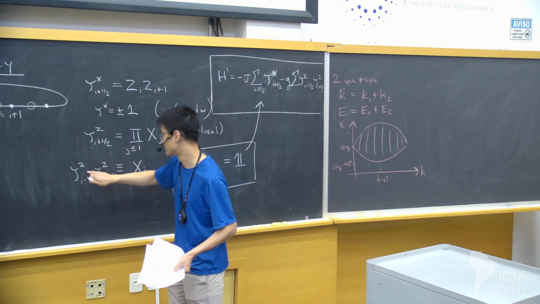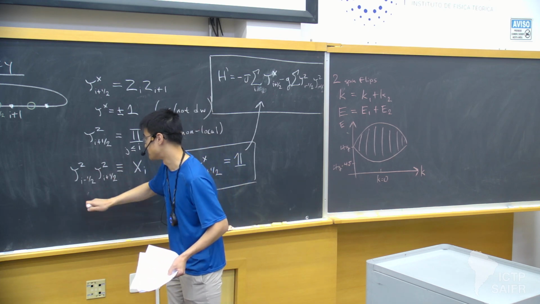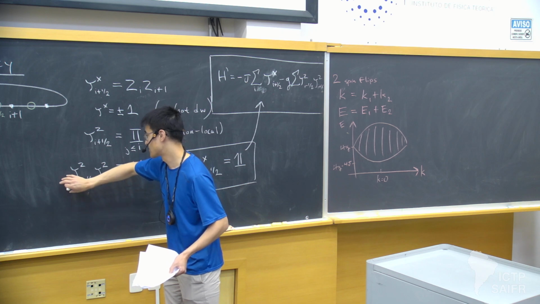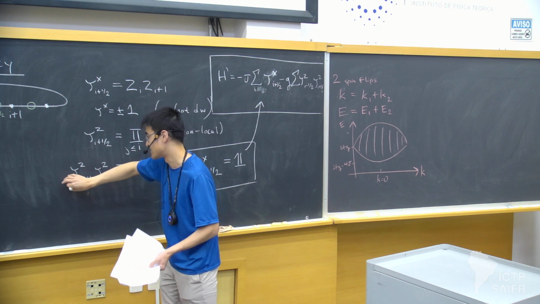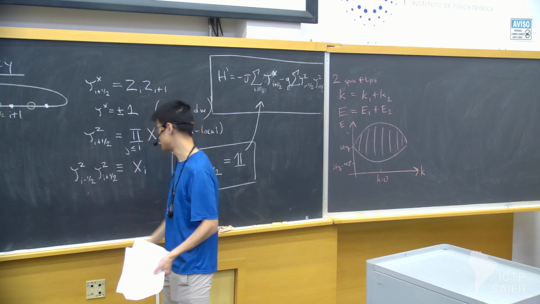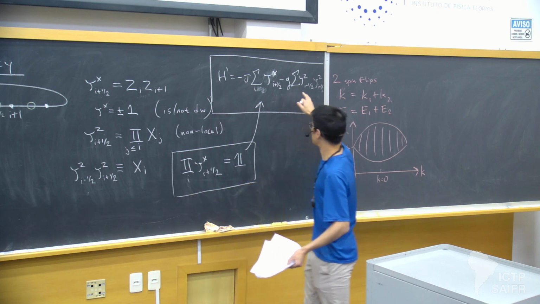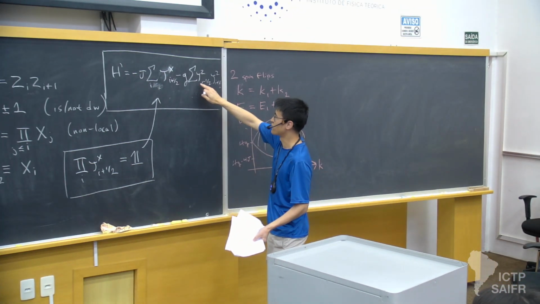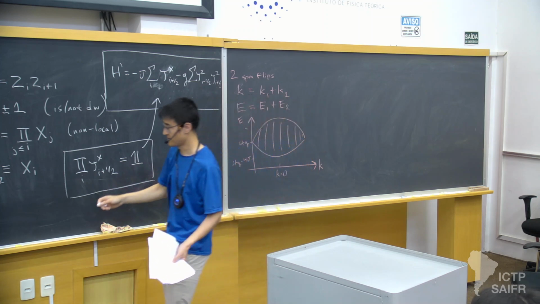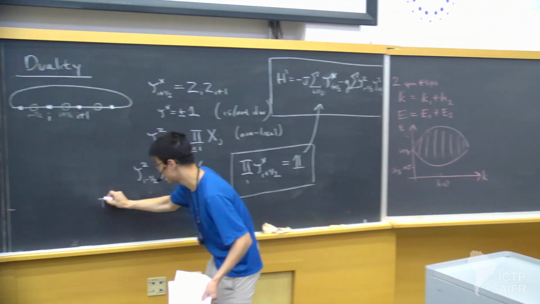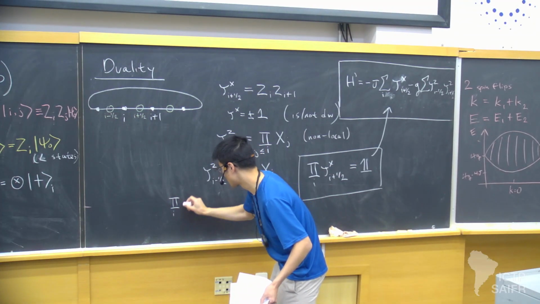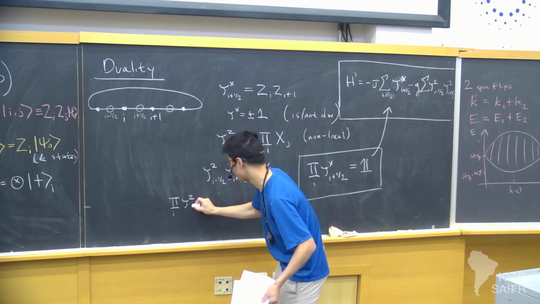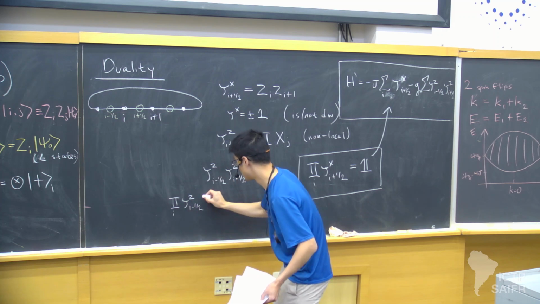You have a choice of defining just a coefficient here. So basically here, I've made a choice such that the product of all the tau z's is also 1.